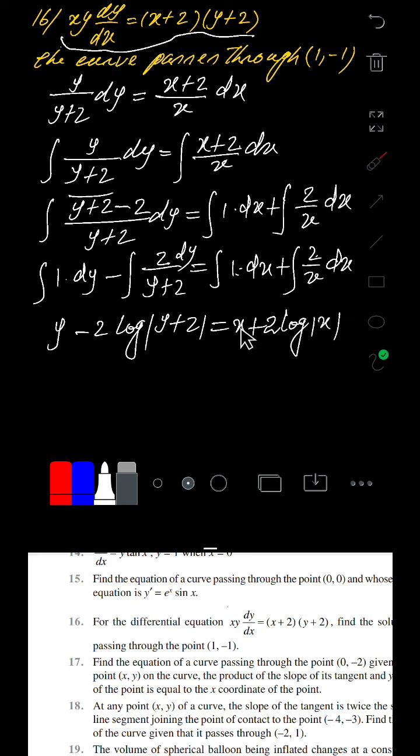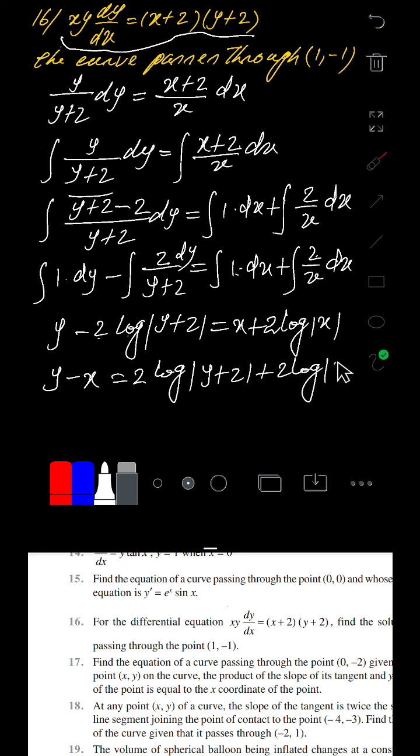Now transposing this x to the left hand side, we get y minus x, and this term minus 2 log y plus 2 to the right hand side we have 2 log y plus 2 plus 2 log x.